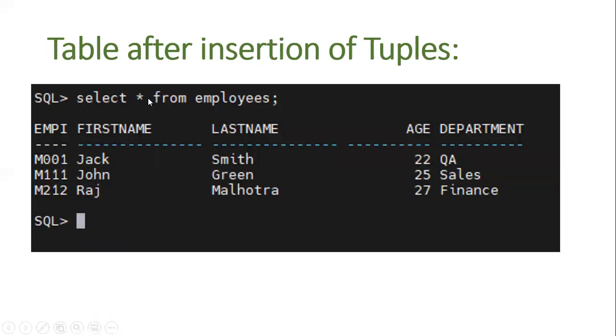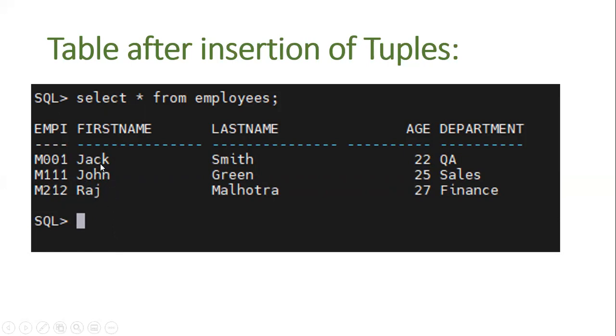Next, I've used select star from employees, where select star means everything. All tuples present inside that particular table will be selected and displayed one by one sequentially.